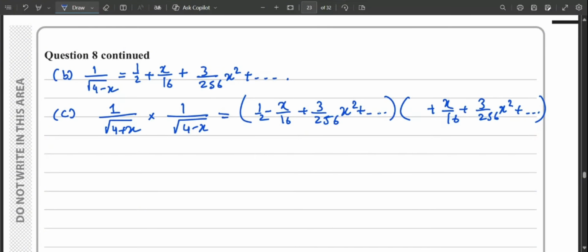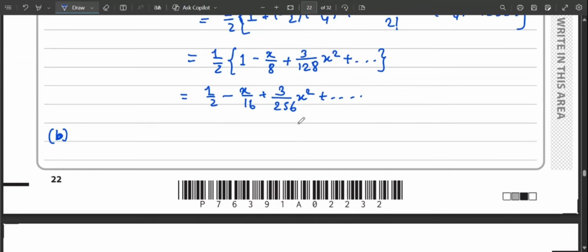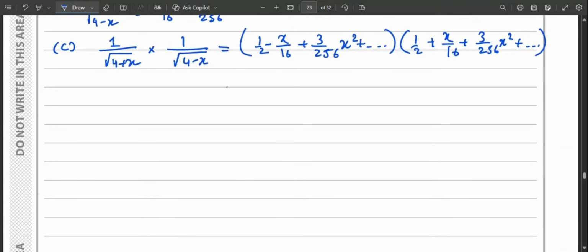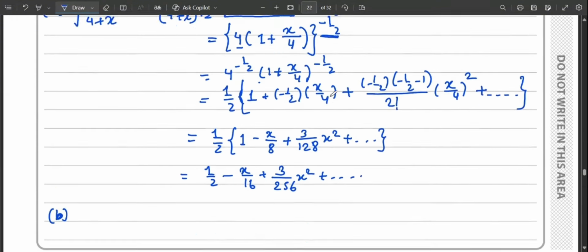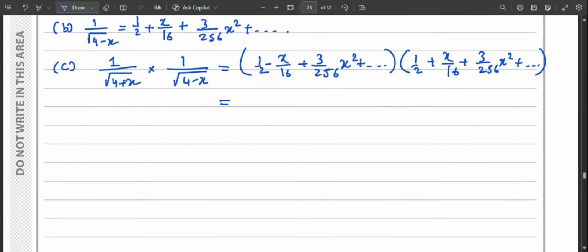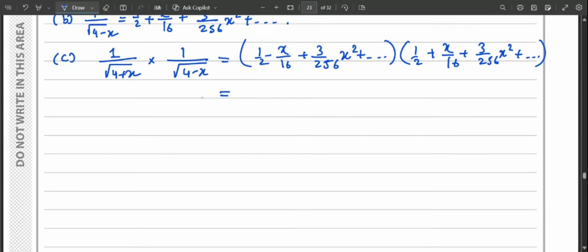So I will multiply this with this. First I will take half, then we will get half into half, plus half into x by 16, and then we will have half into 3 by 256 x square.